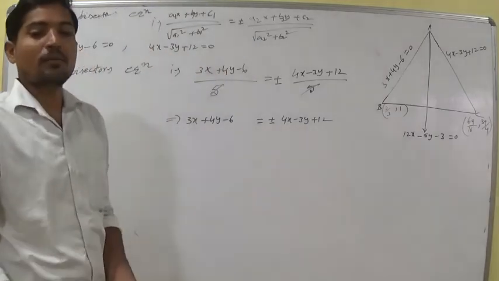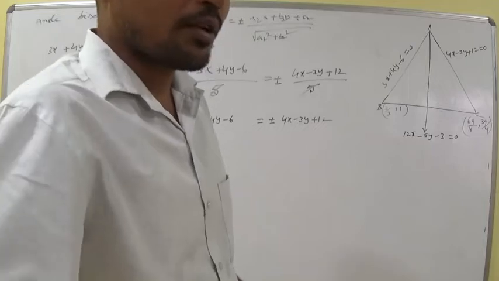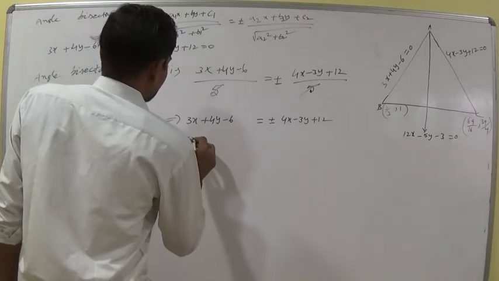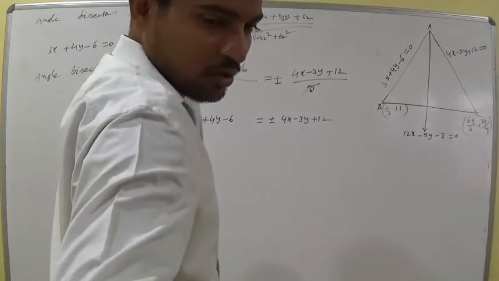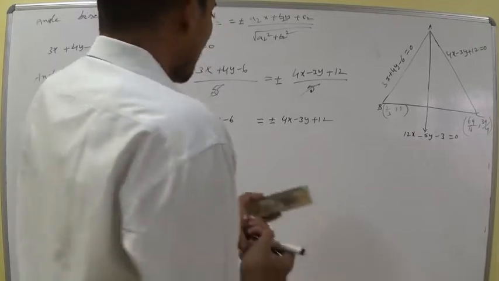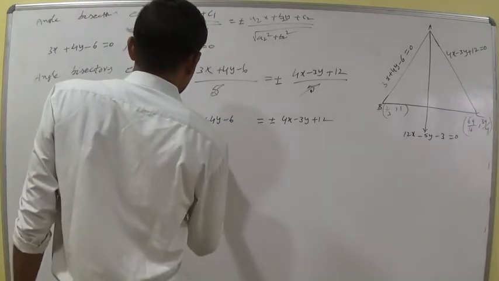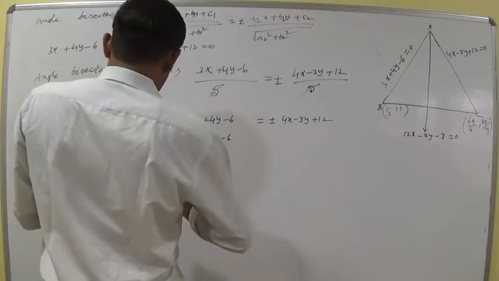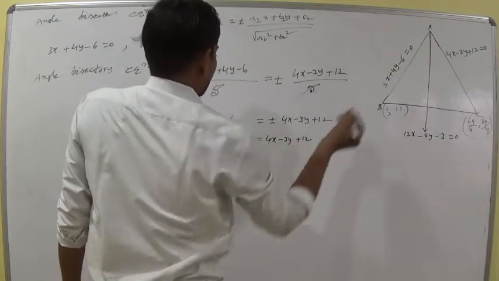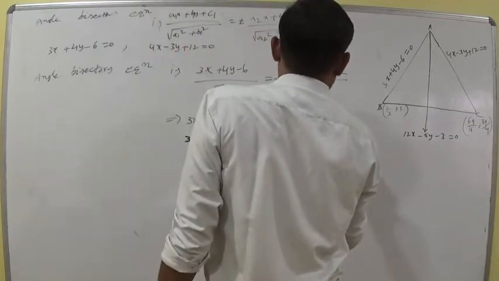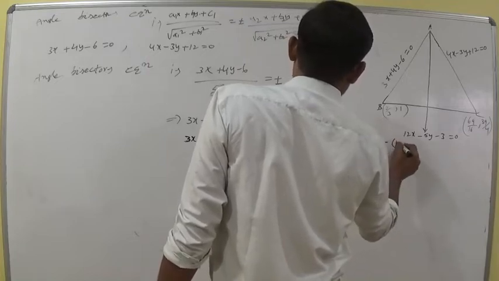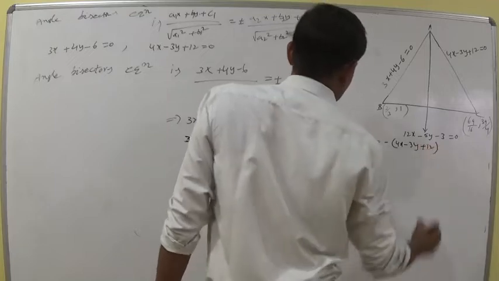So one time plus, one time minus. One time take it as a positive value: 3x plus 4y minus 6 equal to 4x minus 3y plus 12, and 3x plus 4y minus 6 equal to minus of 4x minus 3y plus 12. Right?